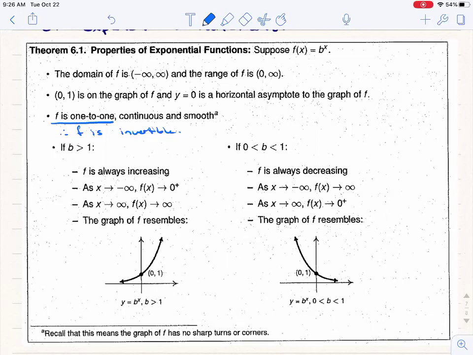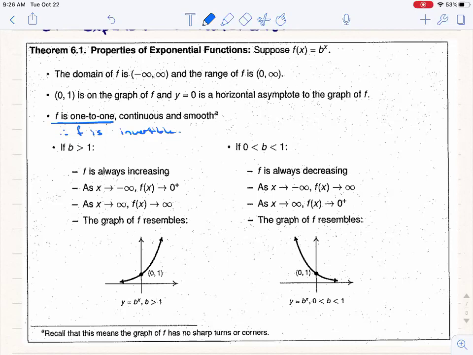It crosses the y-axis at 1, so (0, 1). Same thing if b is between 0 and 1: again it crosses the y-axis at (0, 1), but it's going the other way. Same properties, though. It approaches the x-axis, but as x goes to positive infinity now. So you've still got that horizontal asymptote regardless of which base you have, but it's going in different directions.